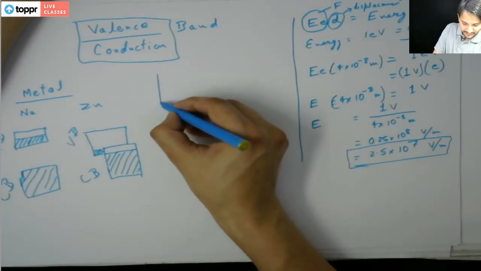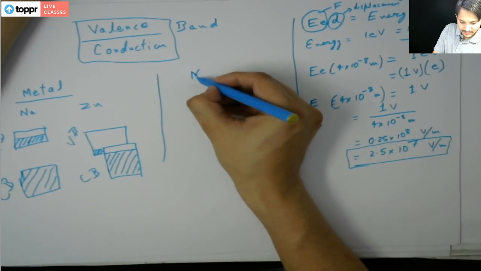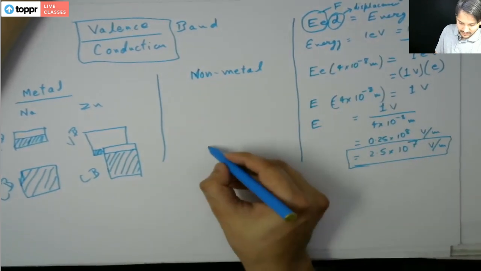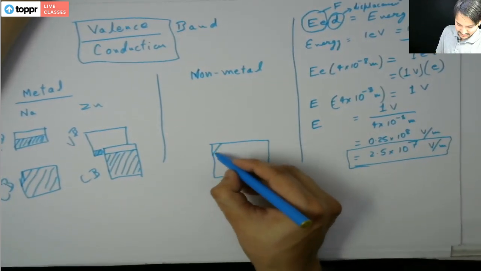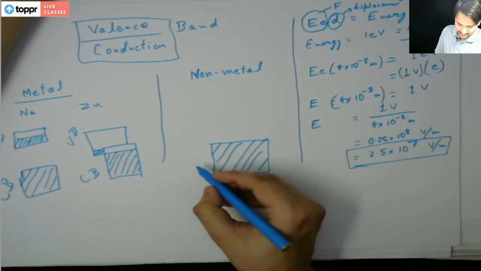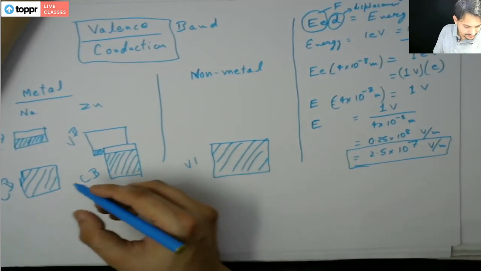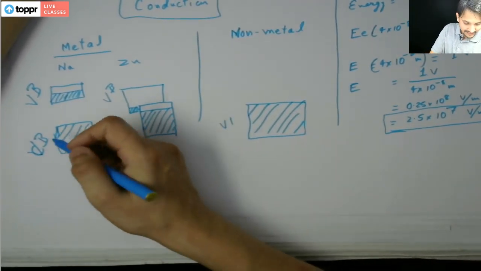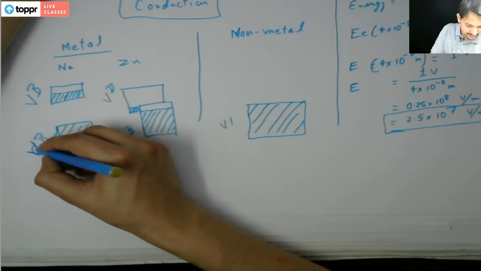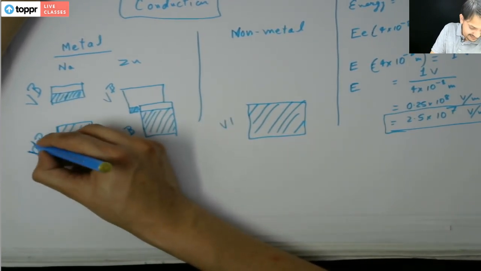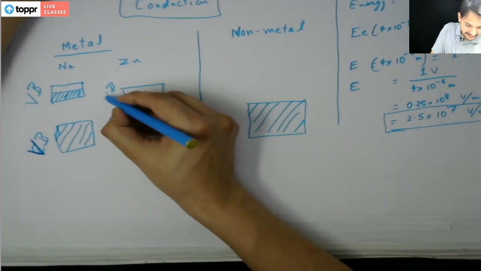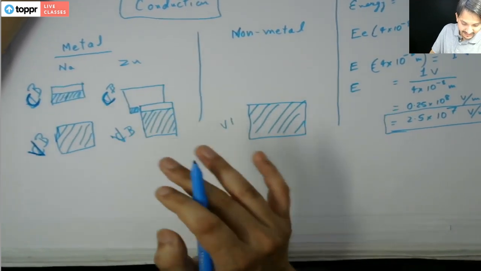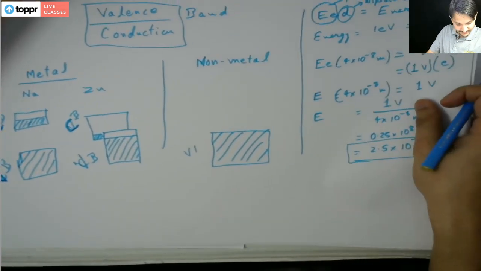Now consider non-metals. We have this valence band. I'm so sorry, please look at this again. I have written valence band, conduction band below. It should be valence band below, not conduction band. Conduction band has higher energy than valence band, and they are responsible for conduction of electrons.